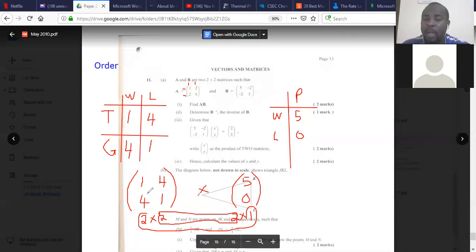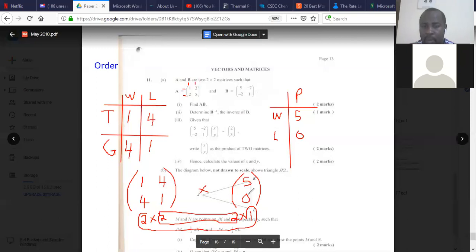Now, how we multiply matrices is like this. We multiply row by column. So if I want to find the amount of points that Taki will have at the end of the day, I will multiply the first row here by this column.